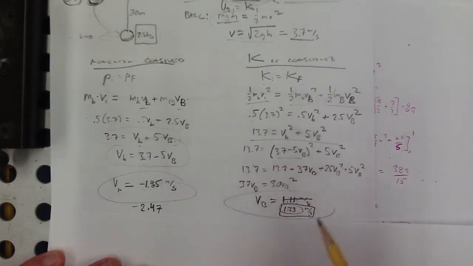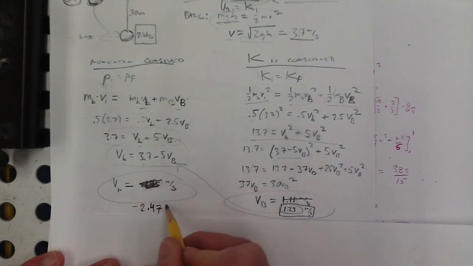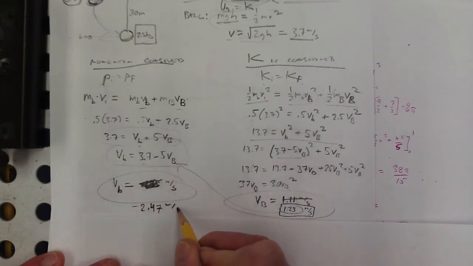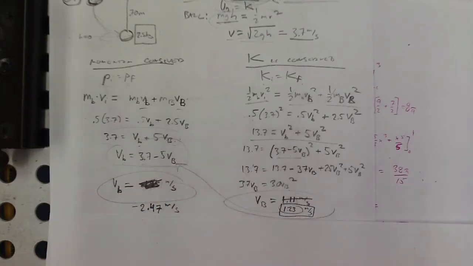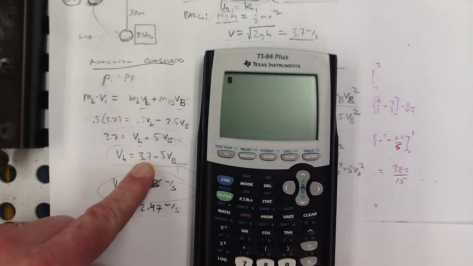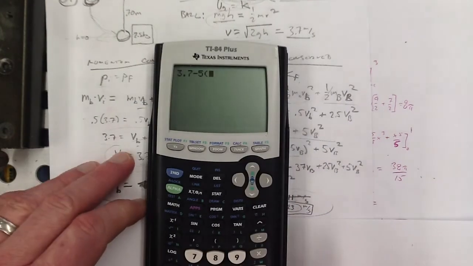And then just like any system of equations problem, bring that over here now, plug that in, and get the velocity of the ball after the collision. And I'll show you that that's all good. So I have 3.7 minus 5 times 1.23.